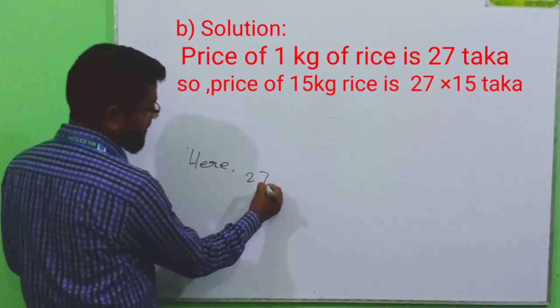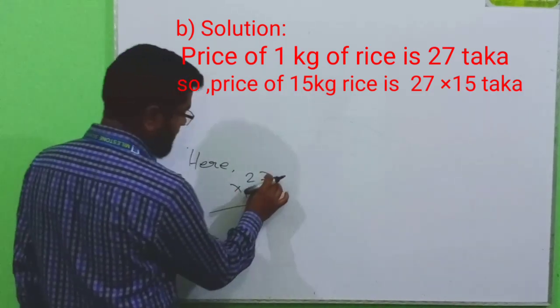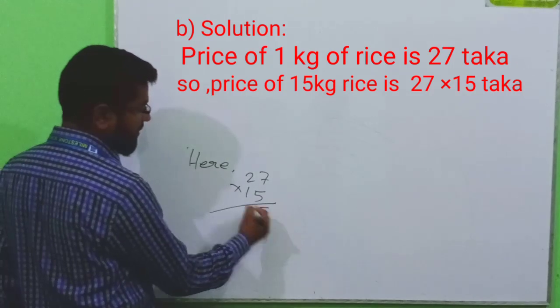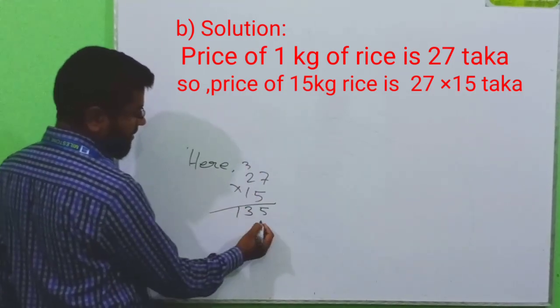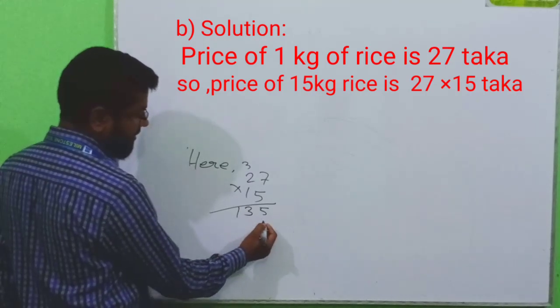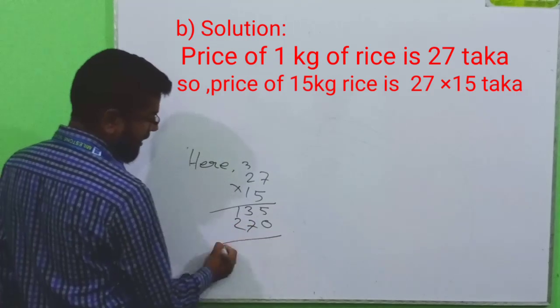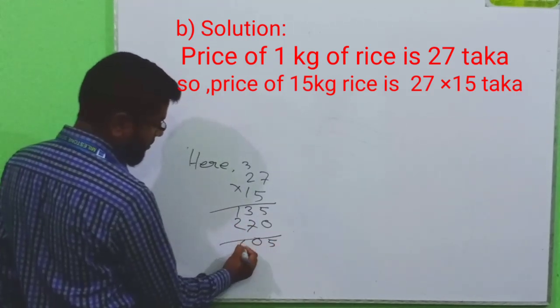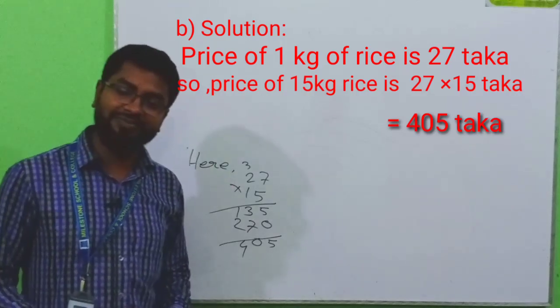So 27 multiply 15. So 5 7 ja 35. 3 is carrying. 5 2 ja 10 and 3 is 13. 1 step 0. 7 2. Add it, 405. So answer is 405. Okay.